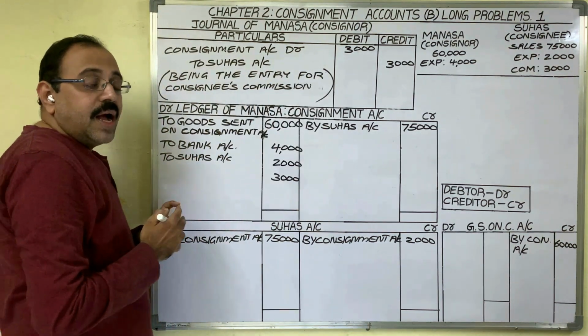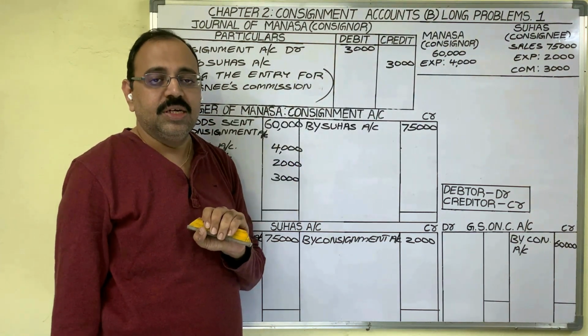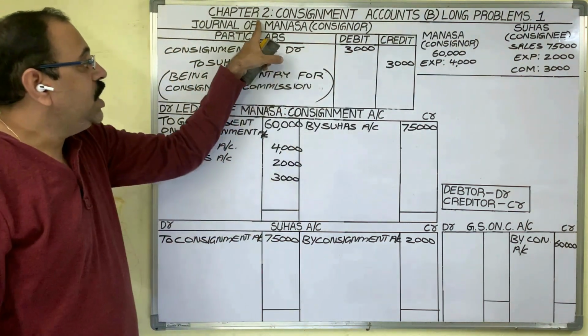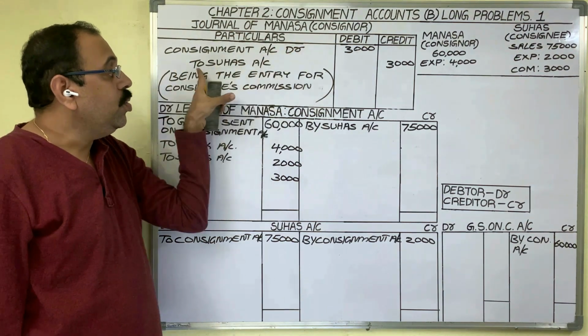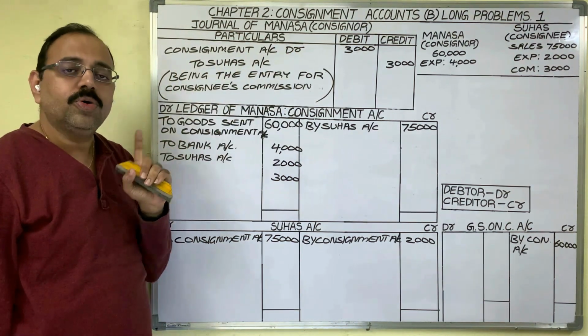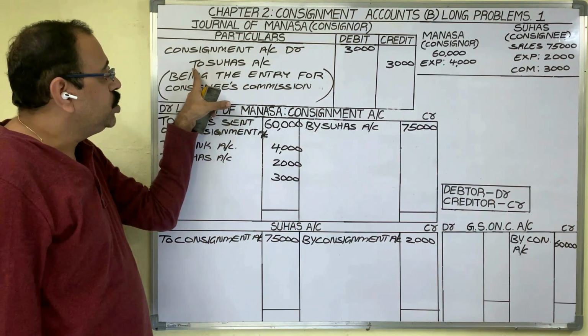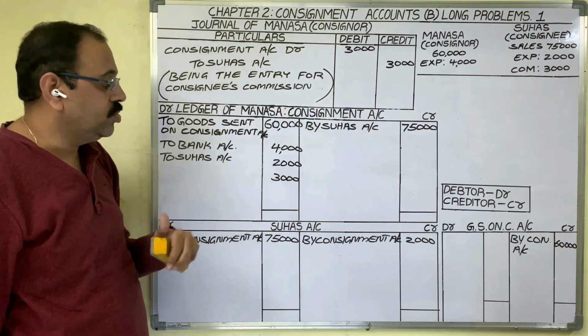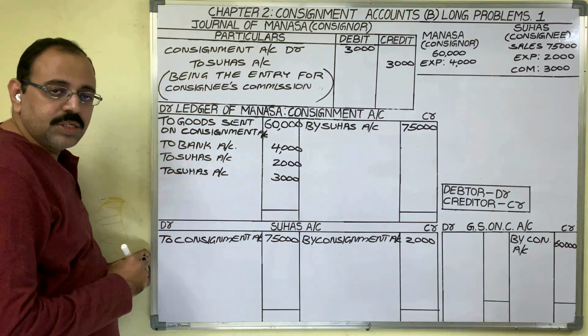Remember, for consignee's expenses and for consignee's commission, for both, in consignor books, entry is same: consignment account debtor to consignee account. Posting is also same. In consignment account debit side, we should write to Suhas account 3000 rupees.